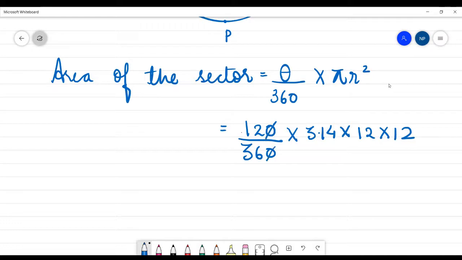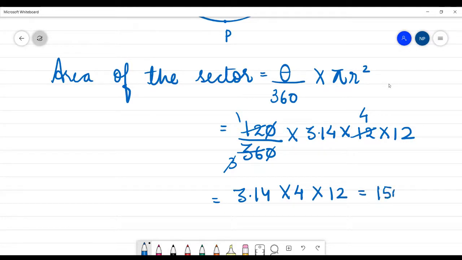So zeros will be cancelled. 12 ones are 12, threes are, 3 ones are 3, fours are 12. We are left with 3.14 into 4 into 12, which will give you the answer 150.72 centimeter square. This much is clear.